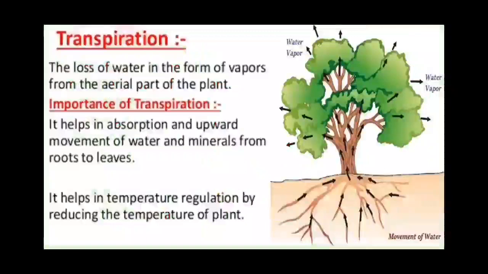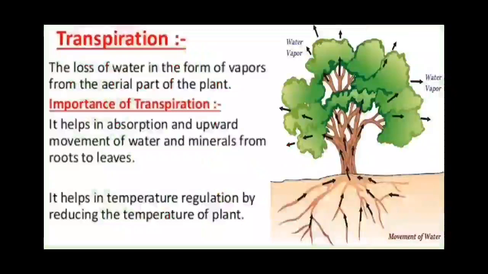Transpiration performs the following functions for the plants. First, it helps in absorption of water and minerals from the soil. Next, it helps in the upward movement of water and dissolved material from the roots to the leaves, that is ascent of sap.